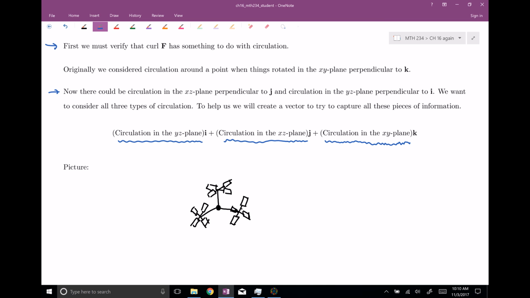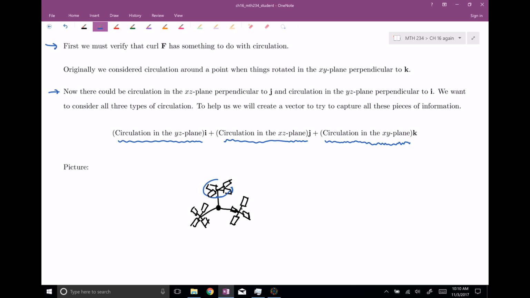Imagine that we have some very interesting vector field, a strong breeze or something like this, that's specifying how forces are acting on points. Originally, we did circulation in the xy plane. That was how much this pinwheel right here is spinning. Is it spinning in the counterclockwise direction? Is it spinning in the clockwise direction? How is that vector field acting on this point?